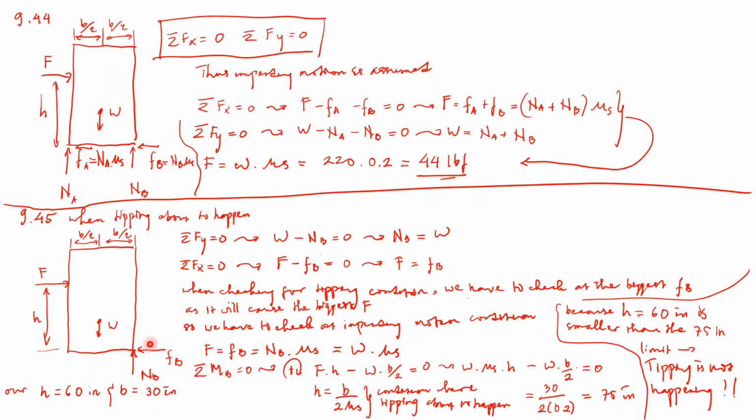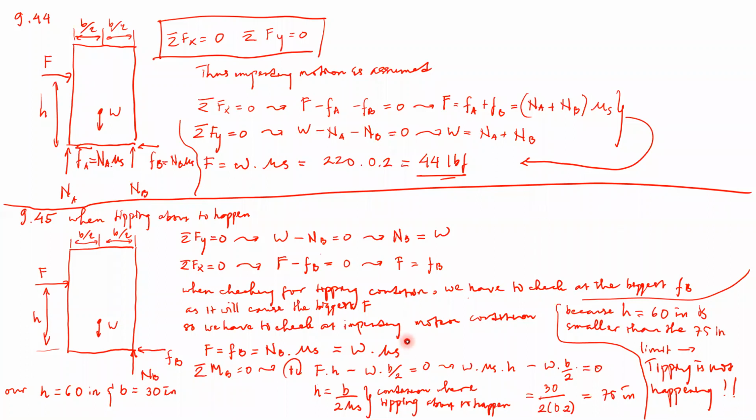Because all of these are the conditions to check for the tipping limit and impending motion as well at the tipping limit. Using sigma Fy and sigma Fx equal to 0, we can find that in order for us to have an impending motion condition, the value of F here is supposed to be W multiplied by mu s.